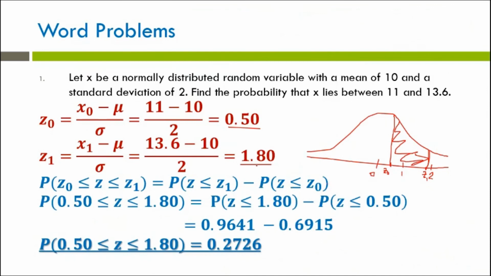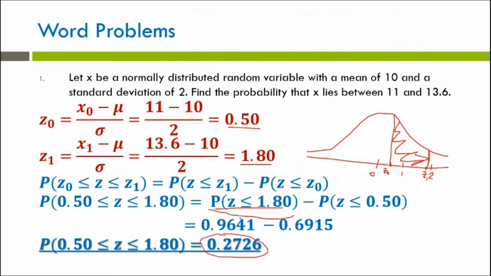So our z sub 1 is 1.80 and our z sub 0 is 0.50. The probability that z is less than or equal to 1.8 is 0.949641 if we check our z-table. And the probability that z is less than or equal to 0.50 is 0.6915. Subtract the two, you'll get 0.2726. So this will be our final answer.